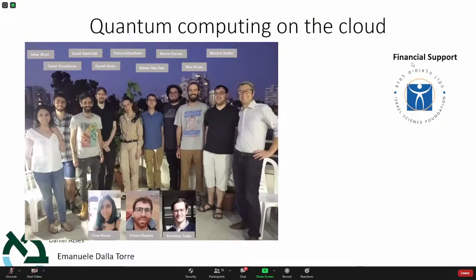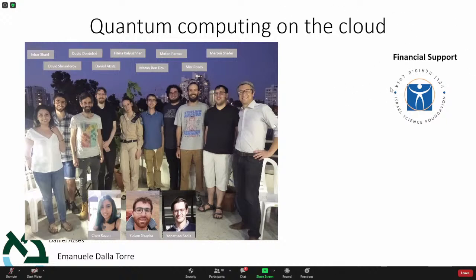First of all, this is my group, which has grown quite a bit recently, mostly thanks to these quantum computers that attracted a lot of interest among young students. This is a picture that was taken last week in my place. As you see, we're not wearing masks. This is nice.